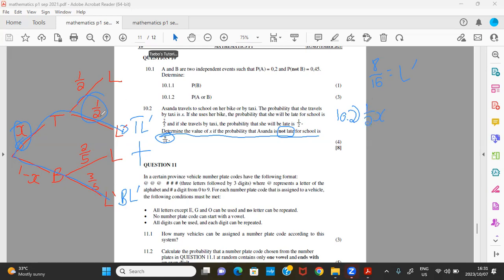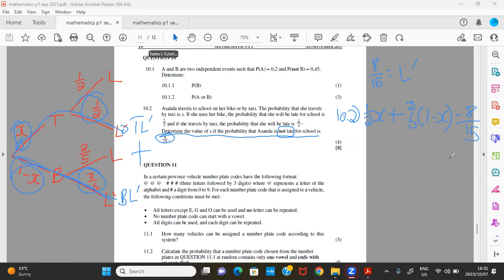And then we add it with when she's using a bike and she is not late, which is 3/5 multiplied by 1 minus x. These are the only instances where she's not late. And we know that the probability of her not being late all in all is 8/15. Is that making sense?